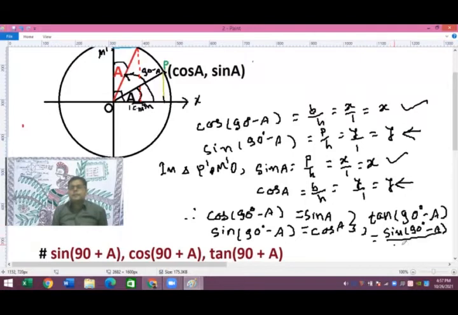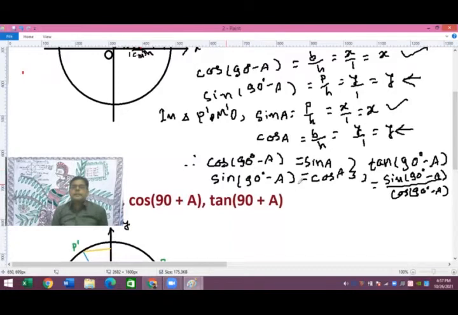Just now we have seen that sin(90° − A) equals cos A, and cos(90° − A) is sin A, so you can write cos A by sin A, which is cot A. So note that cos(90° − A) is sin A, sin(90° − A) is cos A, and tan(90° − A) is cot A.